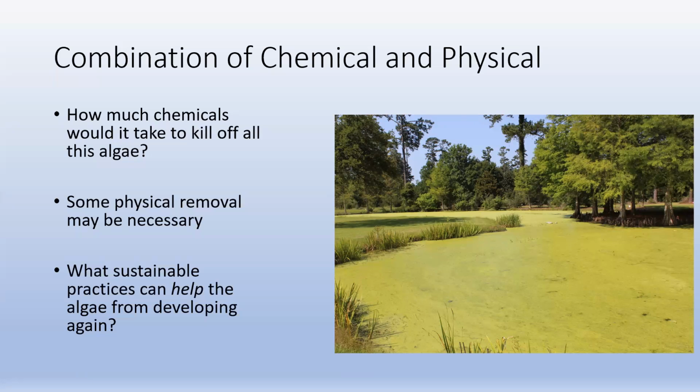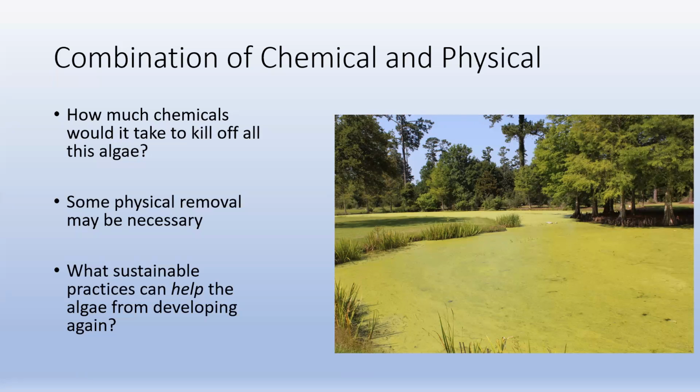I'm willing to bet it would take quite a lot of chemicals, and that raises a host of issues. First off, stuff isn't cheap anymore. Prices of things are going high, and the more chemicals you have to put down, the more your bill goes up. And that's not even getting into the potential ecosystem ramifications if you're shocking a system with a whole bunch of chemicals. You don't want to do that.